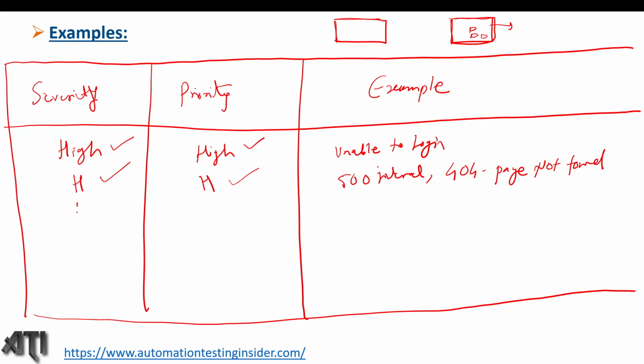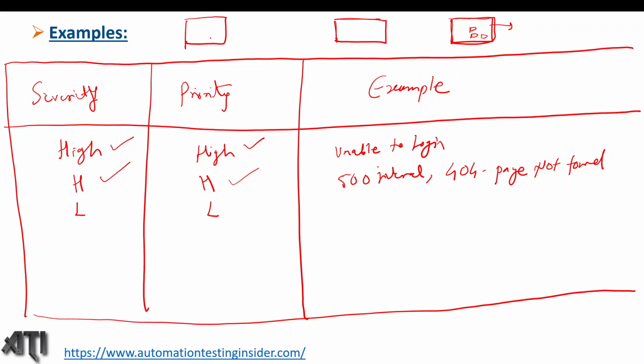Now let's talk about low severity and low priority defect, guys. So any spelling mistakes on the web page. Let's say we have a website, and at the end of the page, at the bottom, we have some spelling mistakes.